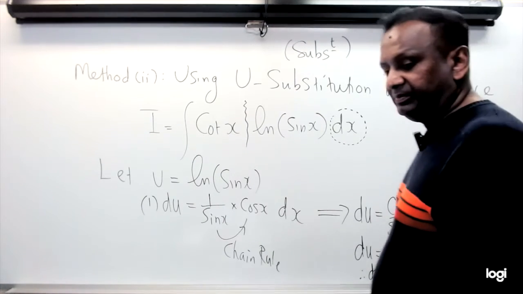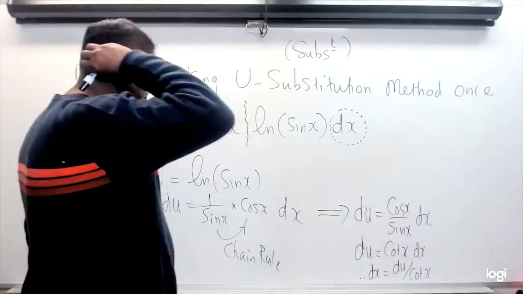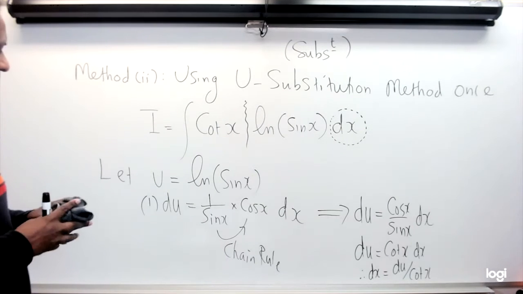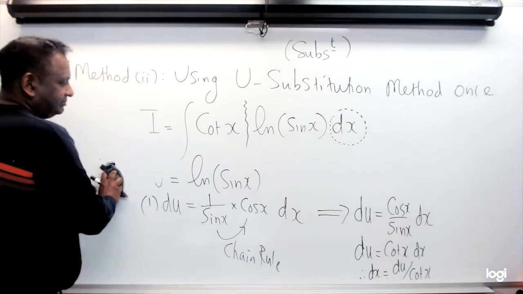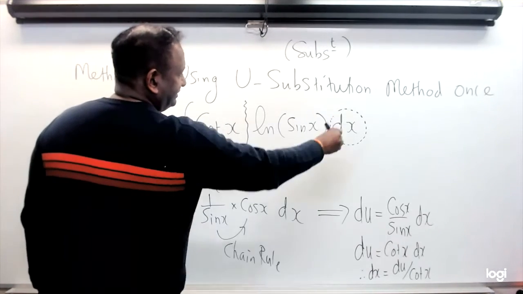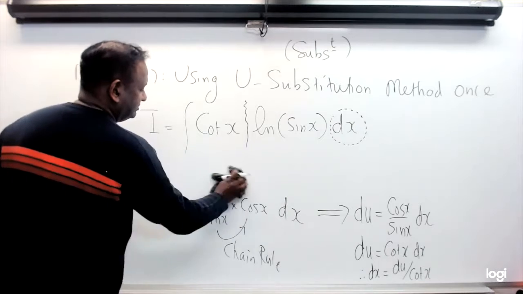Or you can simply say this whole thing, cot x dx, can be easily replaced by that whole thing. Doesn't matter, you get the dx.